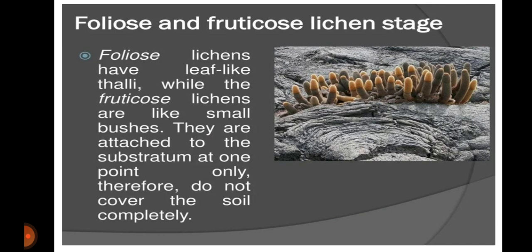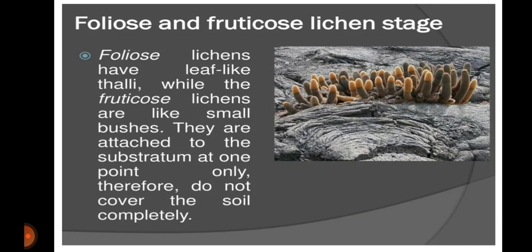Foliose lichens can absorb and retain more water and also accumulate dust particles, which helps in the further build-up of the substratum. So they make the soil acidic.